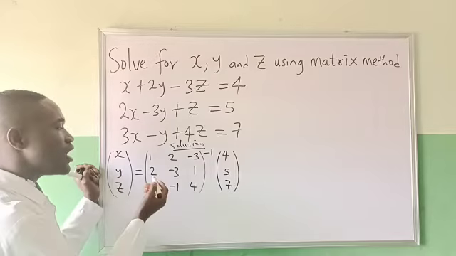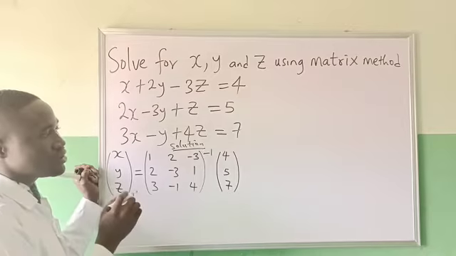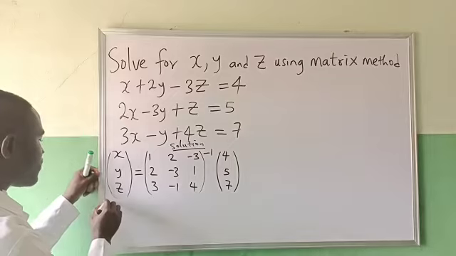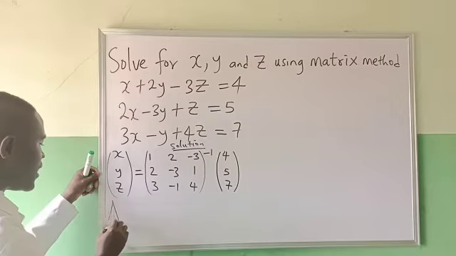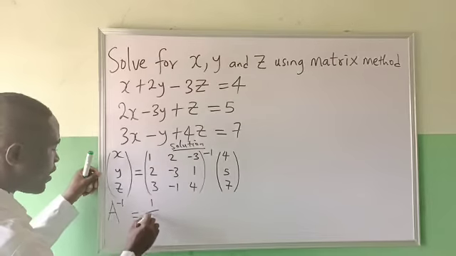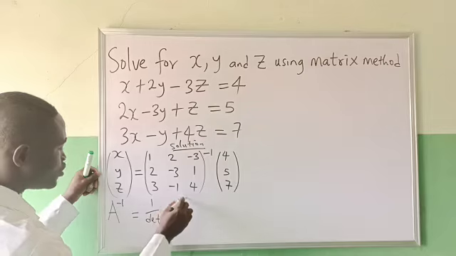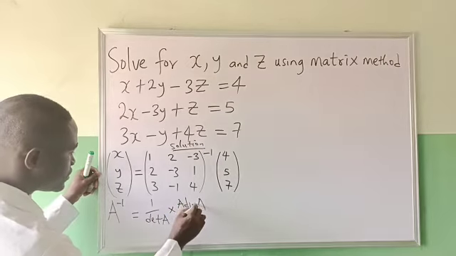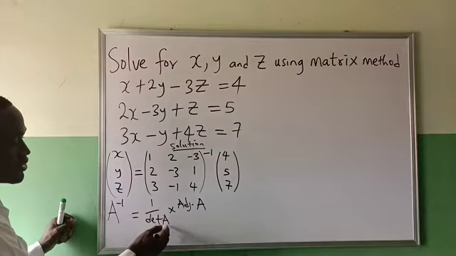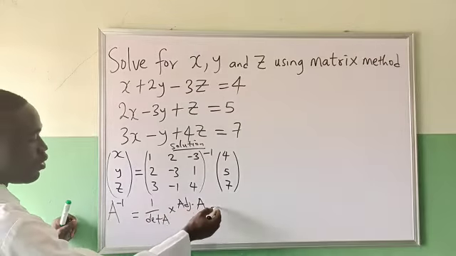Now, the question is, how do we get the inverse of a 3 by 3 matrix? That will take us to the inverse of a 3 by 3 matrix. The inverse of a matrix A, denoted by A inverse, is equal to 1 over determinant of matrix A times the adjoint of matrix A. What do we mean?